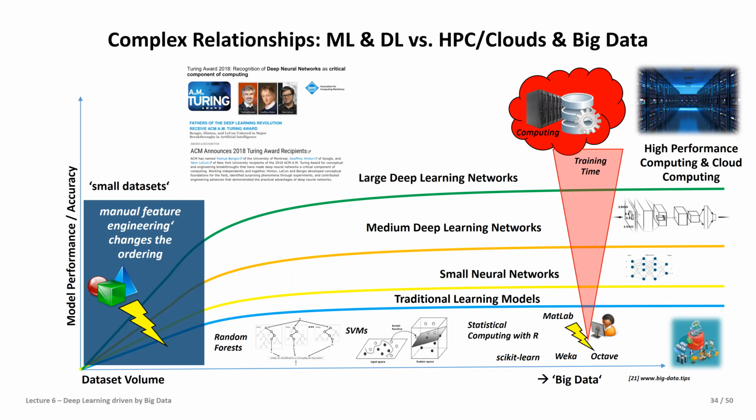The second challenge in deep learning is, of course, the computational footprint. Traditional learning models can usually maybe still be done in Scikit-learn. When you go to big learning problems, it's probably already tough to do this.